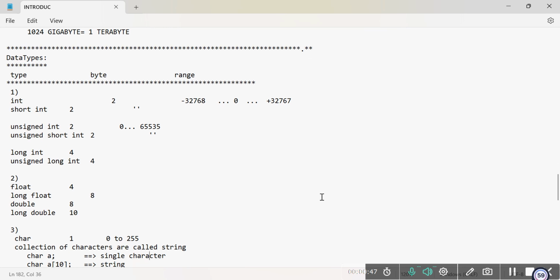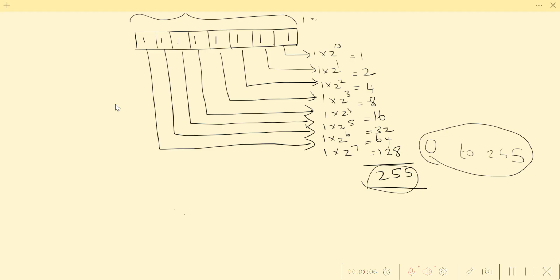Okay, so here the char is 1 byte, the range is 0 to 255. Last class I told that if char is 1 byte, 8 bits is enough. But if it is an integer type, meaning 2 bytes, then the bits are 2 into 8, 16 bits.